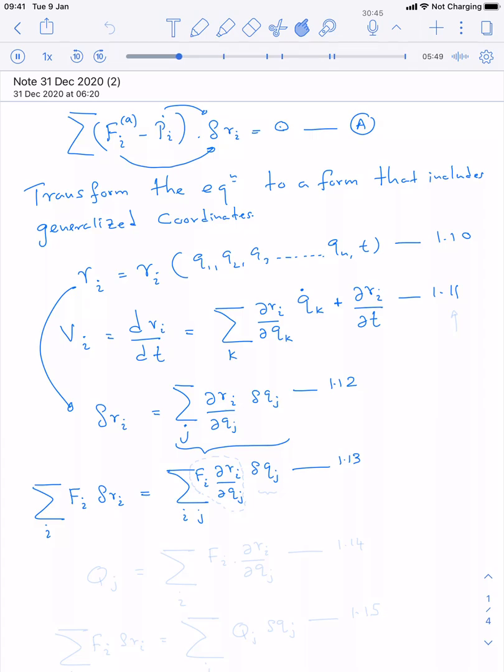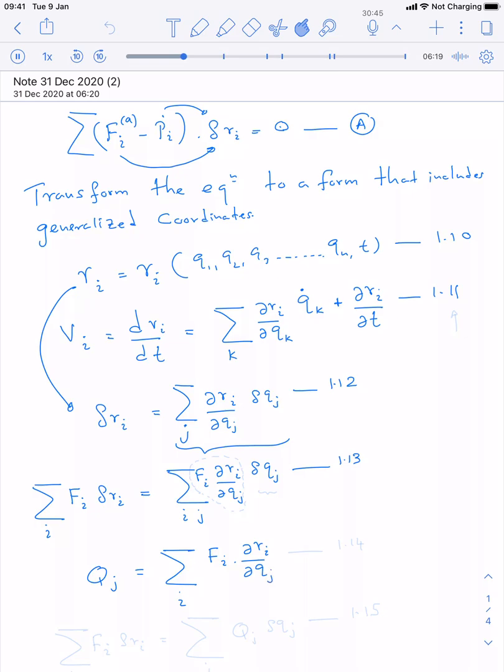And from here we can define the generalized force. So let me define the generalized force Qj, which is equal to sigma over i of Fi times ∂Ri/∂Qj.